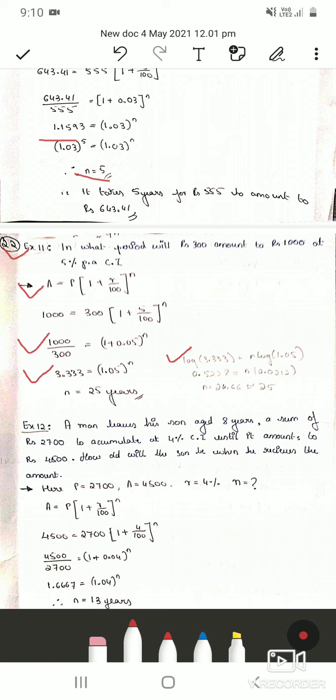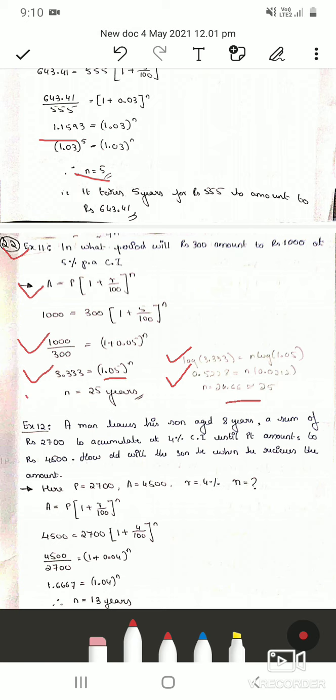So log of 3.33 is 0.5228 using your logarithm table, and log of 1.05 is 0.0212. Therefore it is 0.5228 divided by 0.0212, which is 24.66, which is approximately 25.